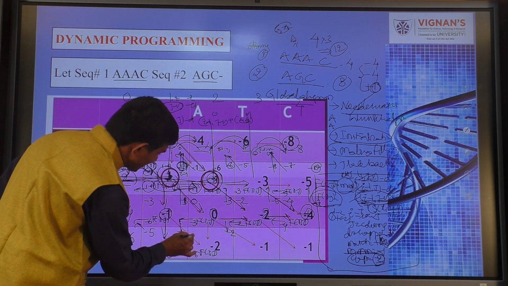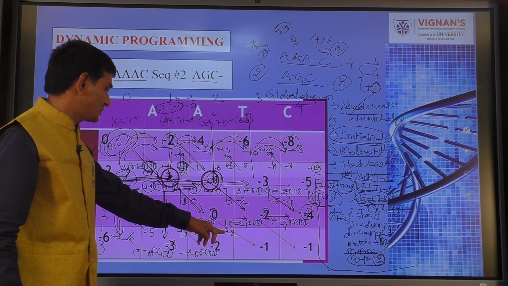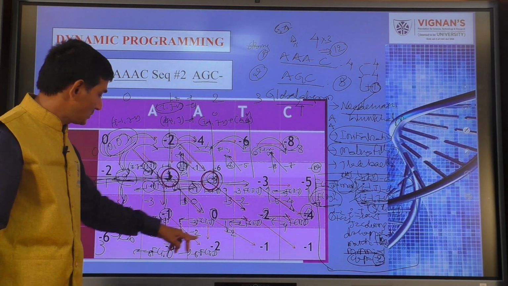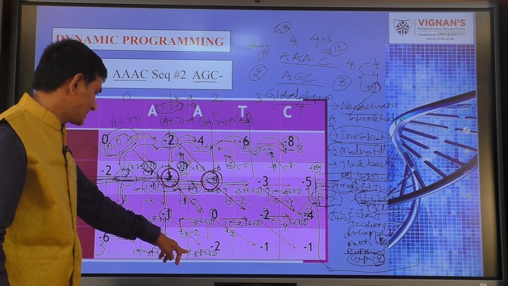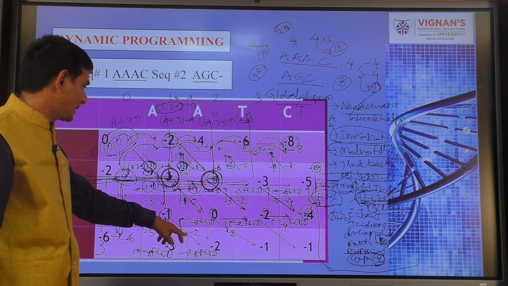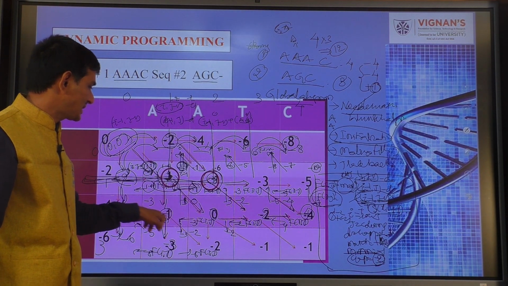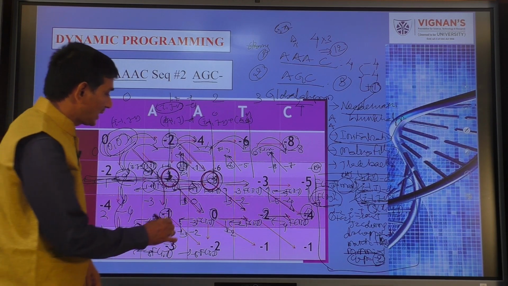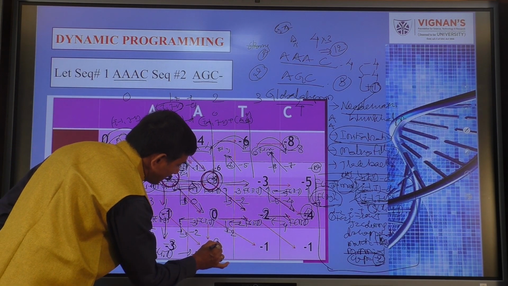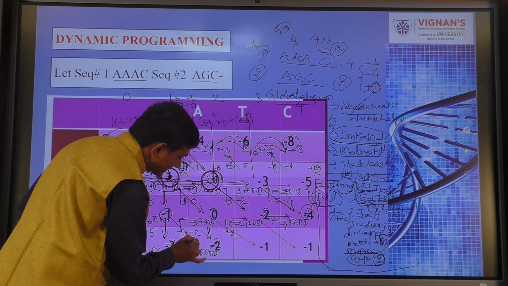So, minus 1 minus 1 is minus 2. So, the three possible values: change in row has fetched minus 2, change in column has fetched minus 5, change in both row and column has fetched a value of minus 2. Here minus 2 is obtained in two orientations, change in row as well as change in both row and column. So, this cell is assigned a value of minus 2, and the two possible orientations.